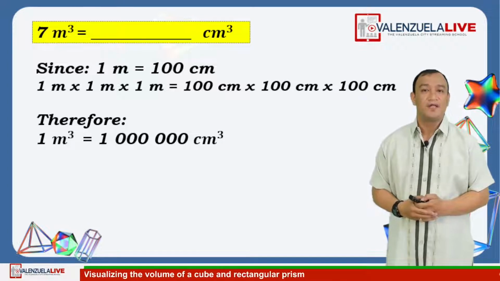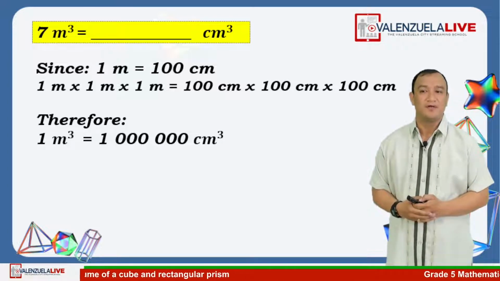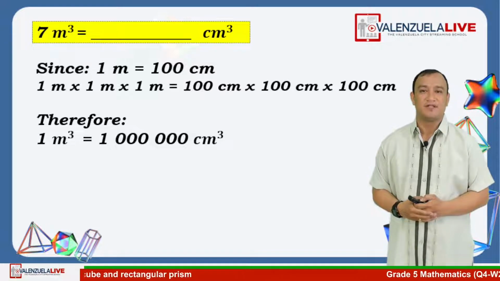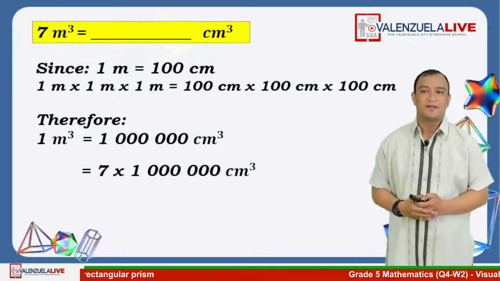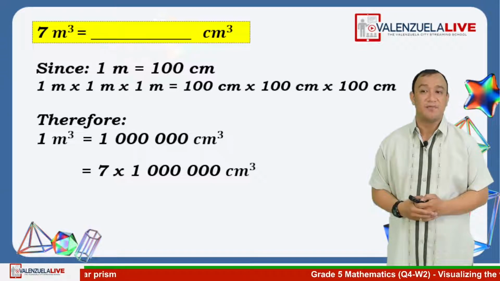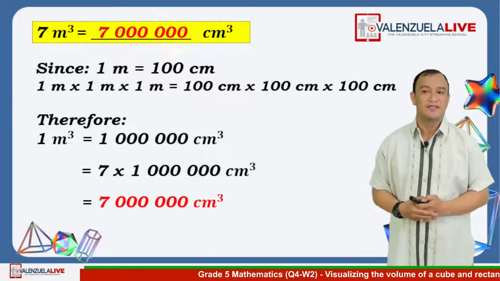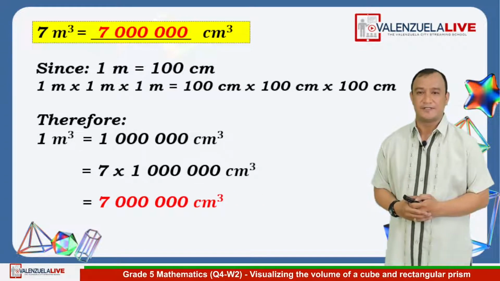Therefore, 1 cubic meter equals 1 million cubic centimeters. Then, multiply 7 by 1 million cubic centimeters. Our answer is 7 million cubic centimeters.